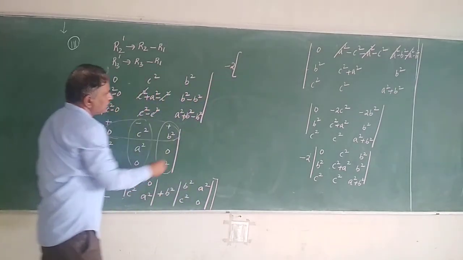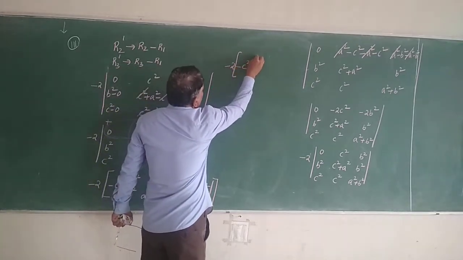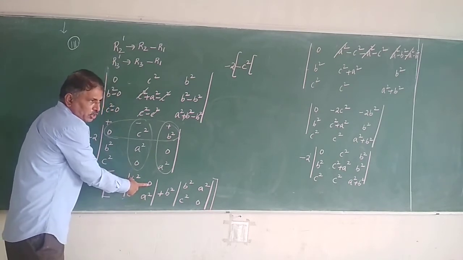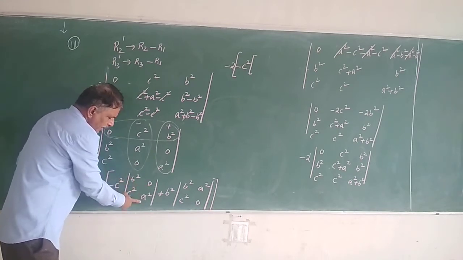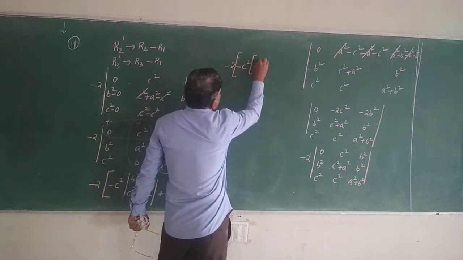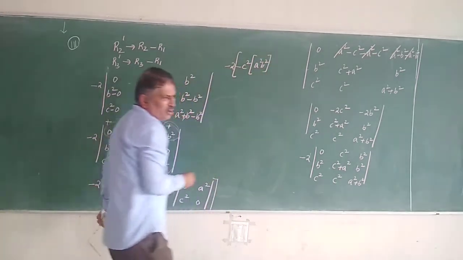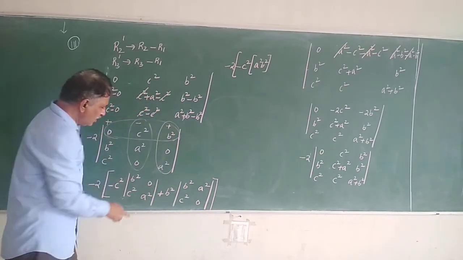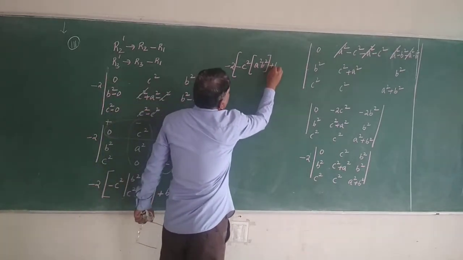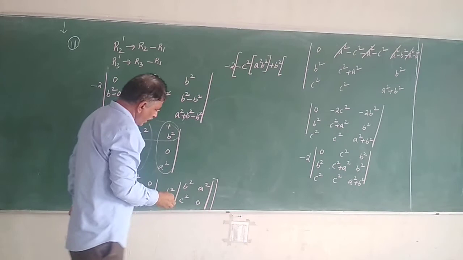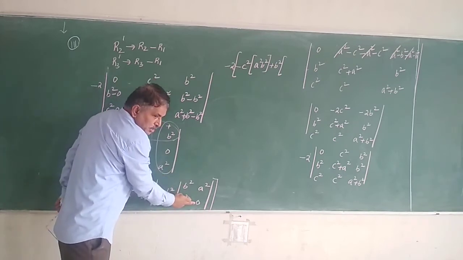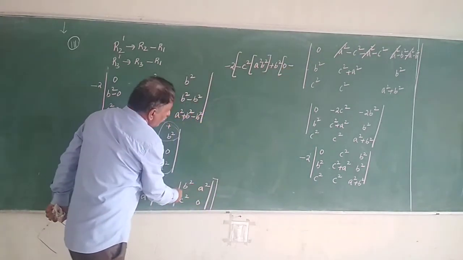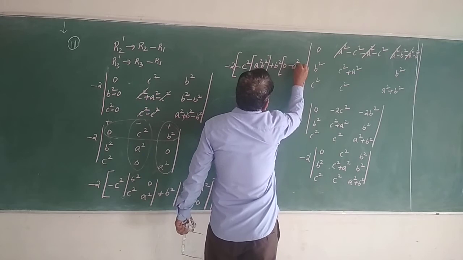This is minus C square. The product of the principal diagonal minus the product of the secondary diagonal. B square, A square is nothing but A square, B square. I will not write C square into 0, no need to write. Then plus B square. Again B square into 0, 0 minus A square into C square, A square, C square.